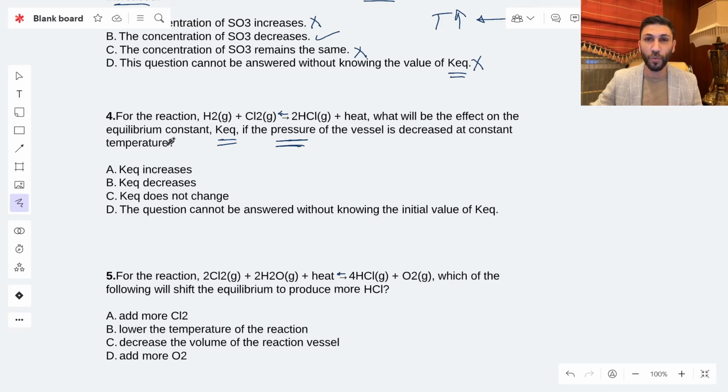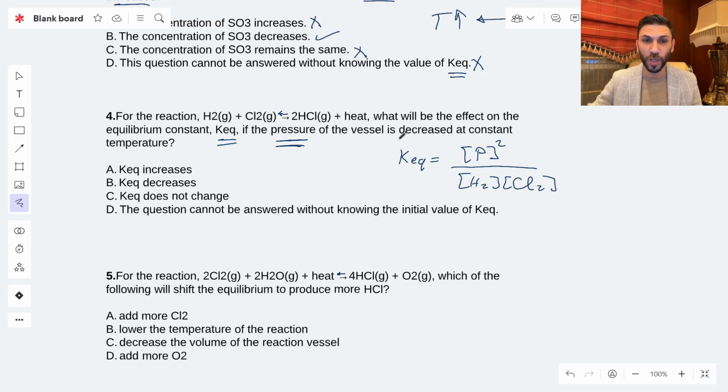All right, now we know that K equilibrium is equals to the products, HCl to the power of 2, divided by the reactants H2 multiplied by Cl2. When will the KEQ change? It only changes when the temperature is changed. So the pressure has no effect on the KEQ.